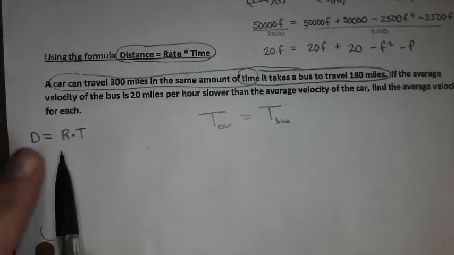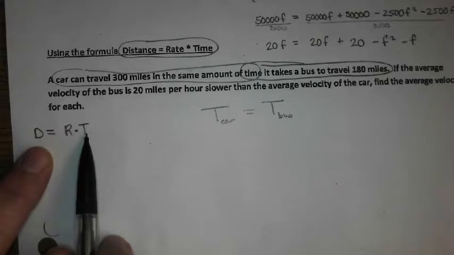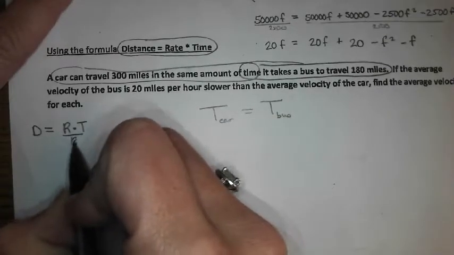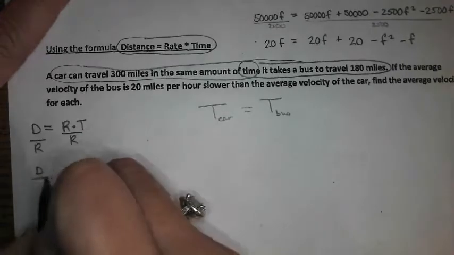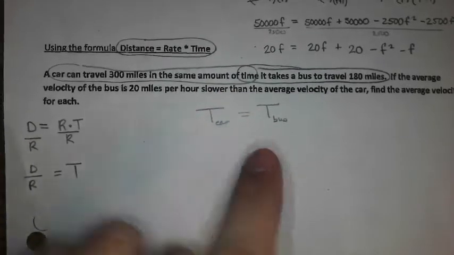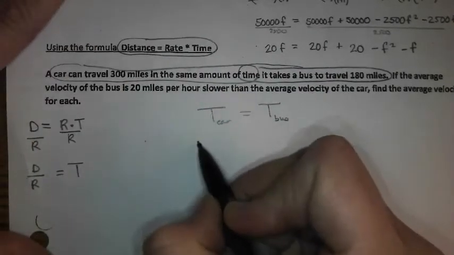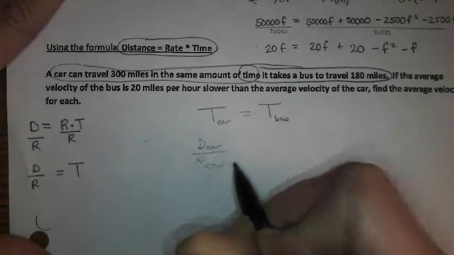Okay. So we're going to go back to this equation and we're going to solve it for t. So I'm going to divide both sides by r, and time equals the same thing as distance divided by rate. So now the time for the car, I'm going to replace time with the distance for the car over the rate for the car.